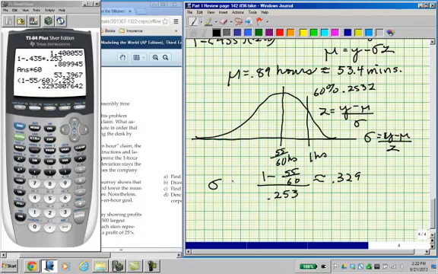So sigma is approximately equal to 0.329. So that's the standard deviation with a mean of 55 minutes that would give you the 60th percentile of customers assembling the bicycle in 1 hour or less.